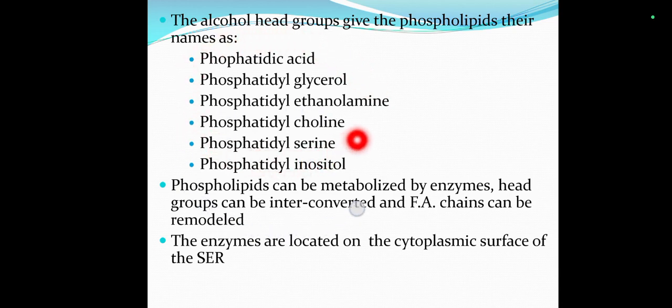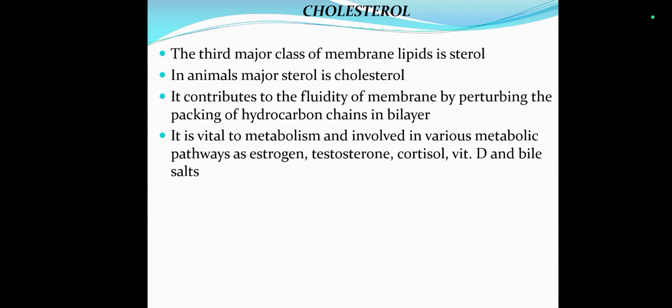The composition as well as the percentage composition of these fatty acids is different in different types of cell membrane. Cholesterol is another important structural element of the cell membrane. It is responsible for the maintenance of the fluidity of the cell membrane, the fluid mosaic model, or we can say the flexible structure of the cell membrane.